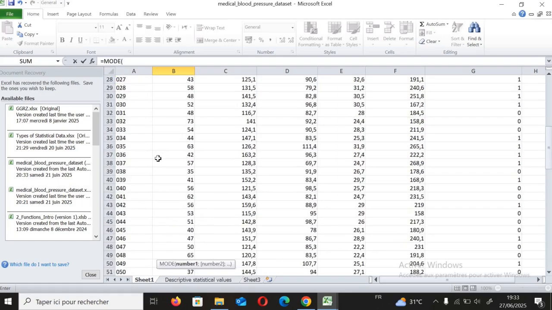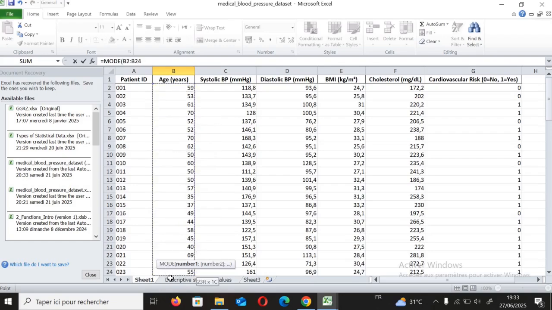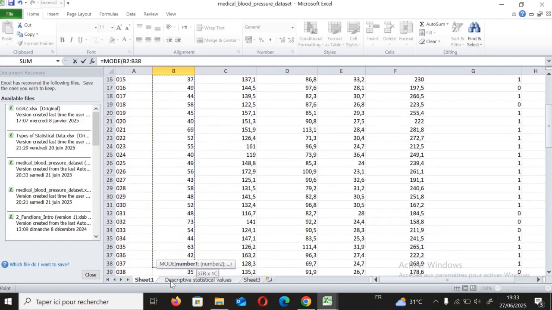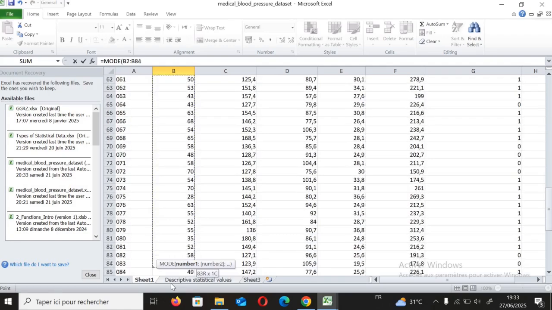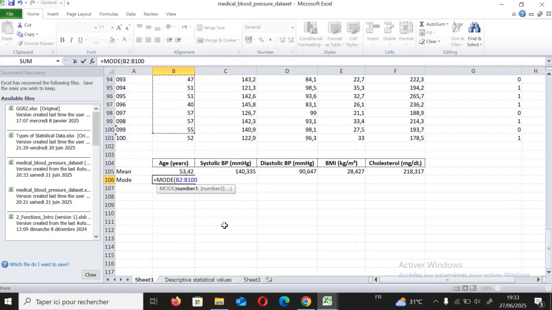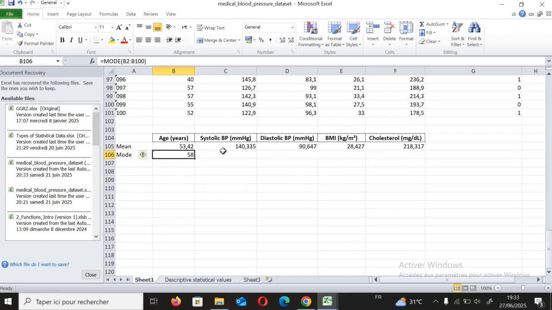We select, for example, in the age column, all ages of 100 patients, then enter. We do the same for the other factors like systolic BP, diastolic BP, BMI, and cholesterol levels, and it simply gives us the most frequent value.